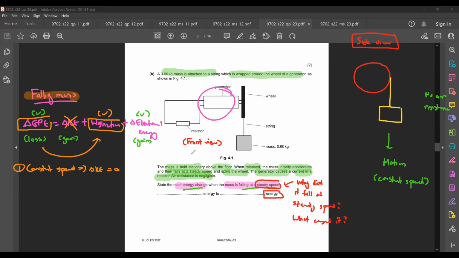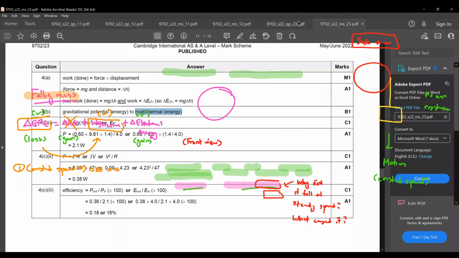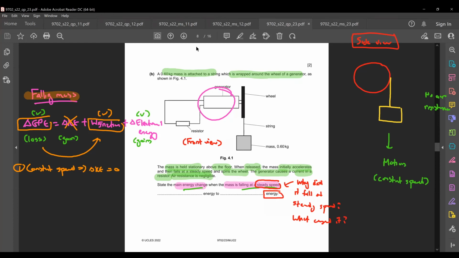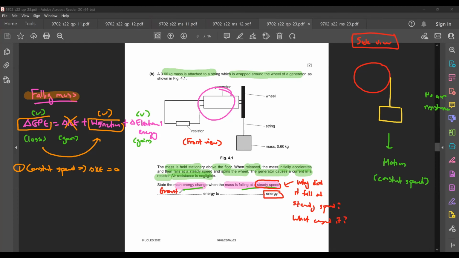Okay, the marking scheme put it as this now. Gravitational potential energy to thermal energy. Okay, this one you can just write it as gravitational potential energy to thermal energy.